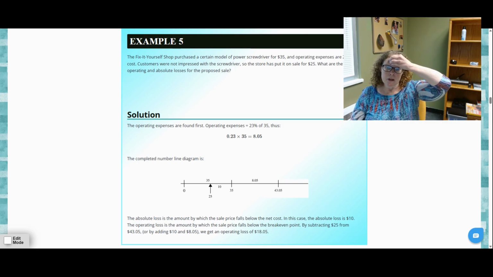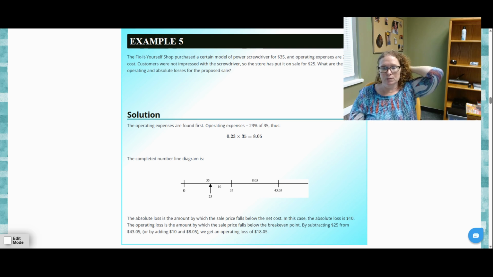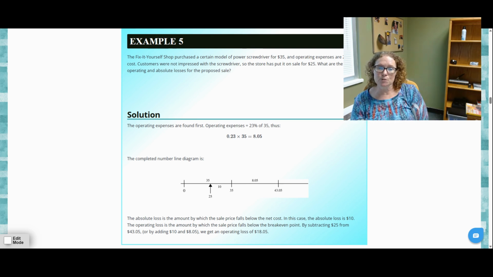The absolute loss is the amount by which the sales price falls below the net cost. So in this case, the absolute loss is 10. The operating loss is the amount the sales price falls below the break-even point.